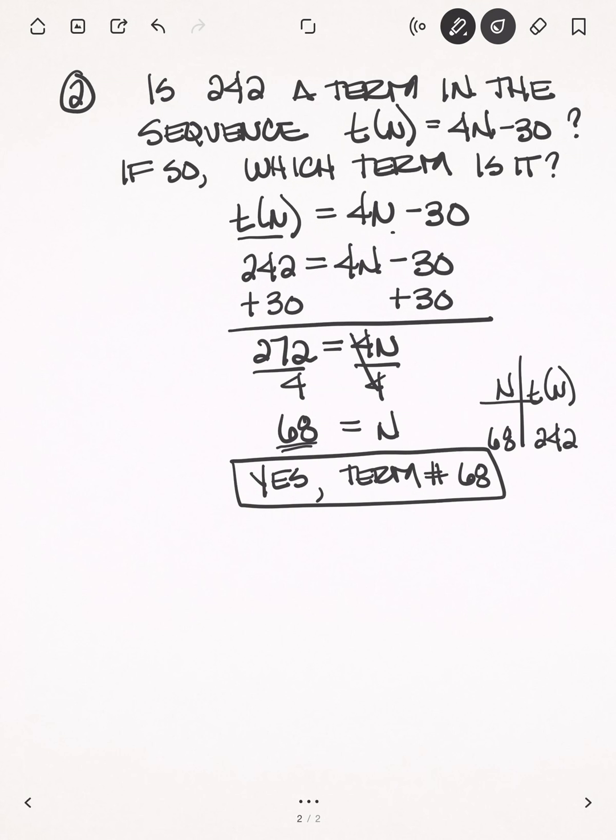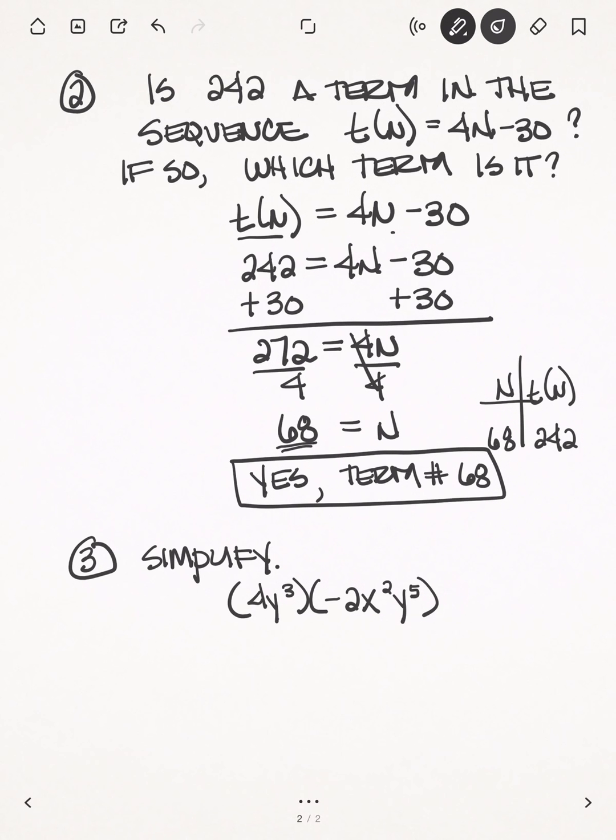Okay, we have a short one here. Let's go ahead and just add it to the bottom here. Number 3. The directions will say simplify. If I give you a monomial 4y to the third, and I multiply it by negative 2x squared y to the fifth, and I multiply it again by 6x to the fifth y, I'm multiplying 3 monomials together.